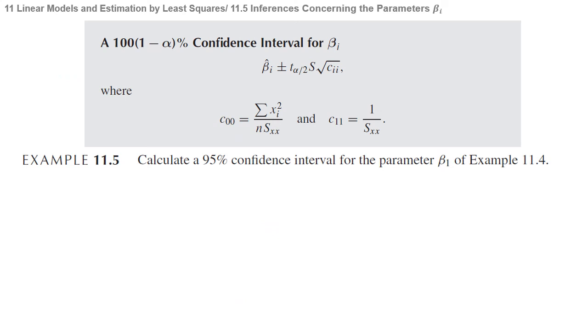The next problem is how we can calculate the confidence interval for beta i. It is very similar. Since we know the distribution of beta i hat, we can construct a 100 times (1 minus alpha) percent confidence interval using this formula. Let's try this formula with example 11.5, which is the previous problem. Calculate a 95% confidence interval for the parameter beta 1 of example 11.4.